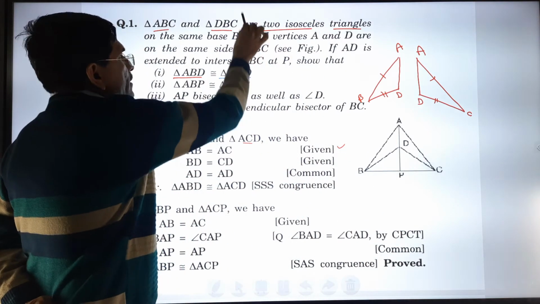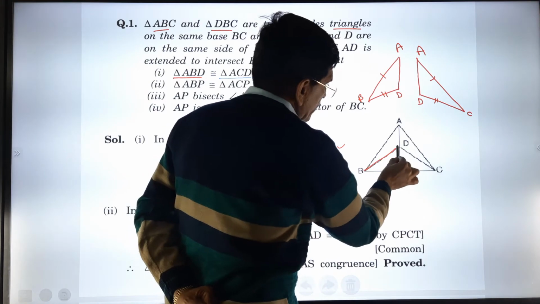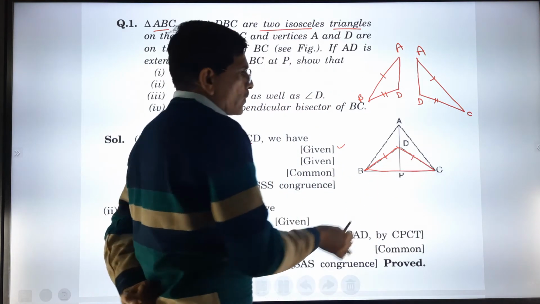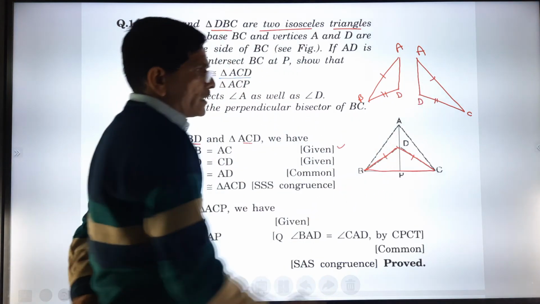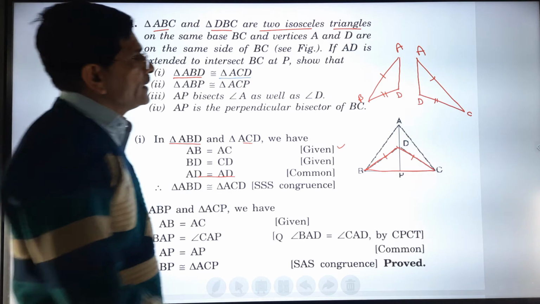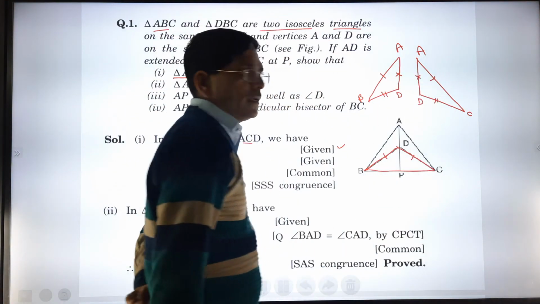Name of another triangle, DBC. DBC is an isosceles triangle, which means these sides are equal. So two sides we already have, and AD is common between these two triangles.